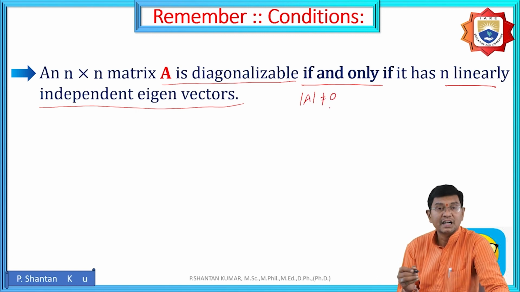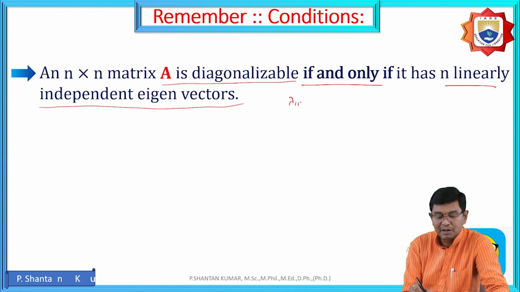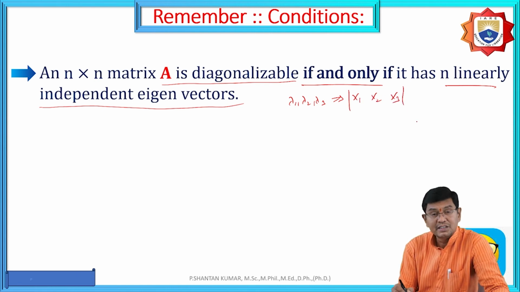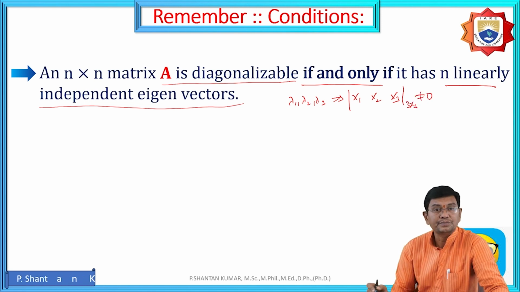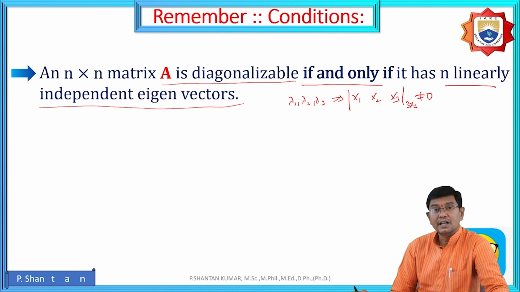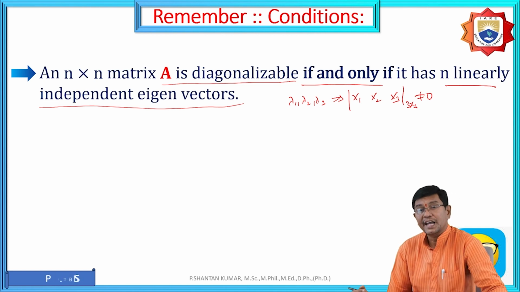First of all we need to find lambda 1, lambda 2, for example lambda 3, and based upon that find x1, x2 and x3. The determinant of this 3 by 3 matrix of x1, x2, x3 must not be equal to 0. Then only diagonalization exists. That is the meaning of a matrix A being diagonalizable if and only if it has n linearly independent eigenvectors.